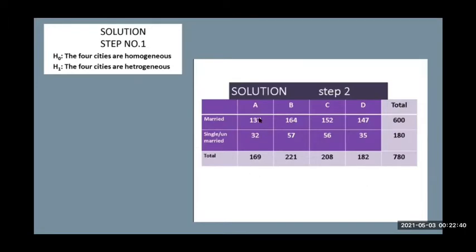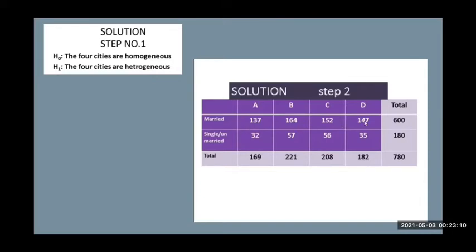So we are going to add our sums from the columns to the rows. 137 plus 32, it will be 169. 164 plus 57, it will be 221. 152 plus 56, it will be 208. 147 plus 35, it will be 182.